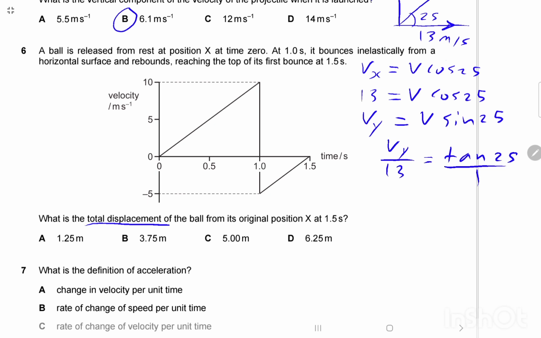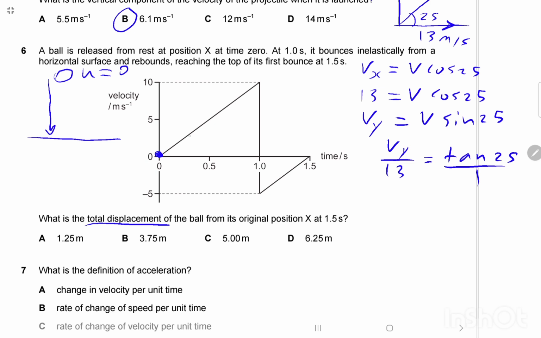A ball is released from rest at position X. So let's draw a diagram. A ball is released from here, which means now it's falling down. Which means initially u equals 0, the initial velocity is 0, as stated in the graph.